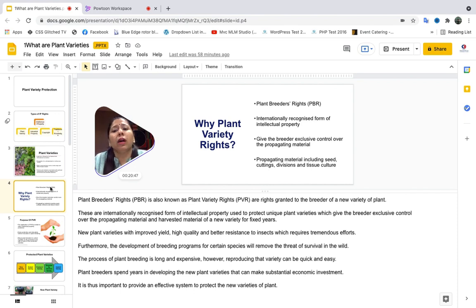However, reproducing that variety is quite quick and easy. Plant breeders and farmers spend years developing a new plant variety that could make a substantial economic contribution to the country. Thus, it is important for us to develop an effective system so that these new varieties can be protected.